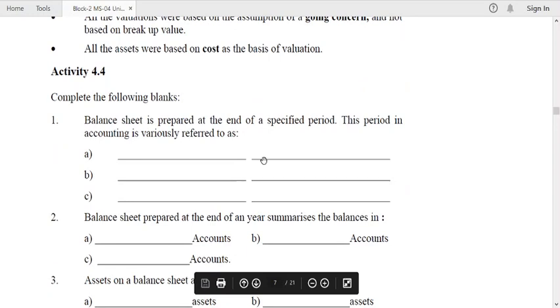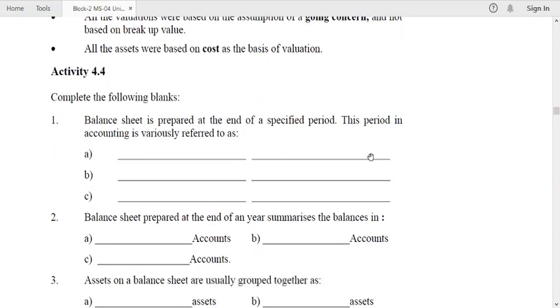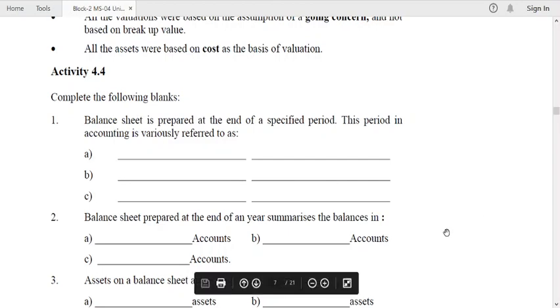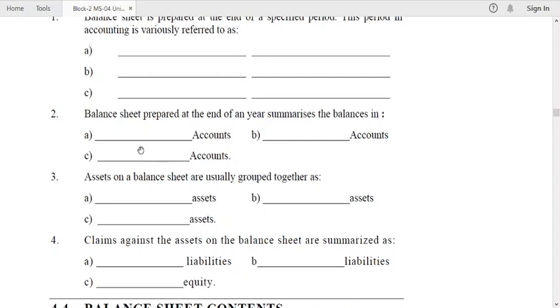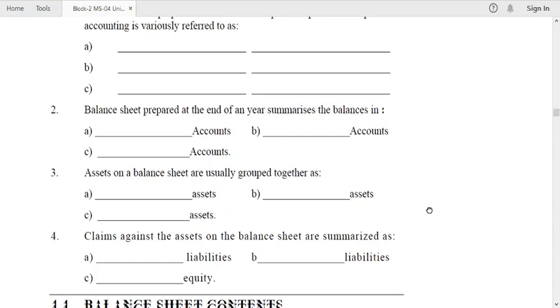The next activity: the balance sheet is prepared at the end of a specific period. This period is in accounting variously referred to as accounting period or operating period or financial year, any name you can call. A balance sheet prepared at the end of a year summarizes the balances in what? Asset accounts, liability accounts and owner's equity accounts.